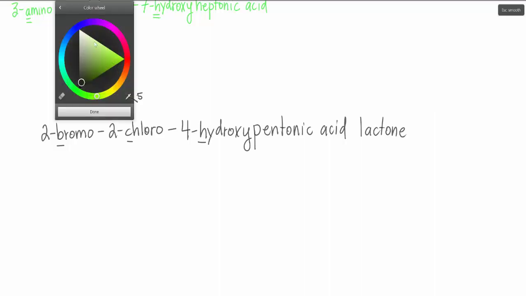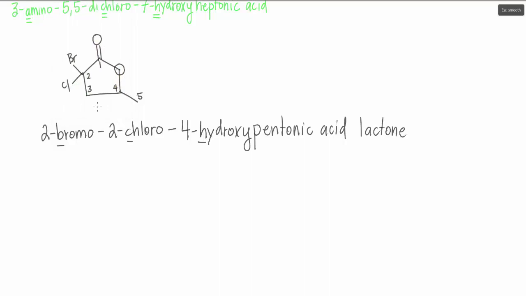Now, just for fun, if I gave you this structure and I said, what's the name of the corresponding carboxylic acid? Well, it would be 2-bromo, 2-chloro, 4-hydroxy, pentonic acid. That would be the open chain. Now, you can draw your open chain with the same amount of carbons.